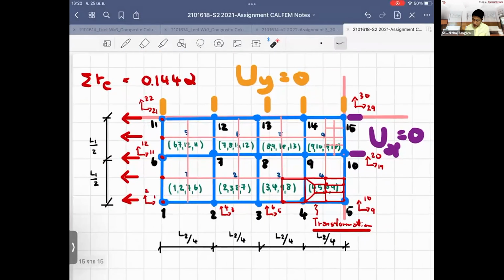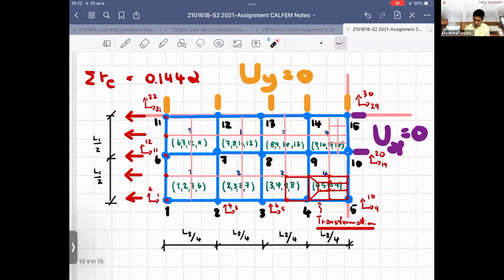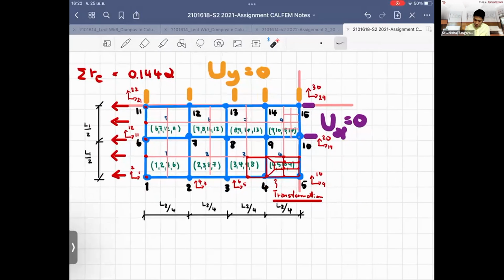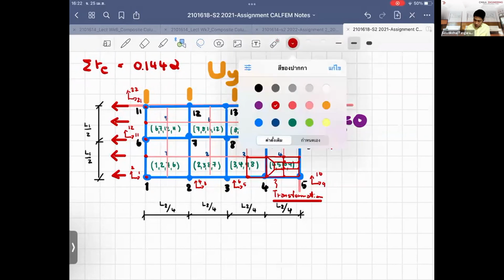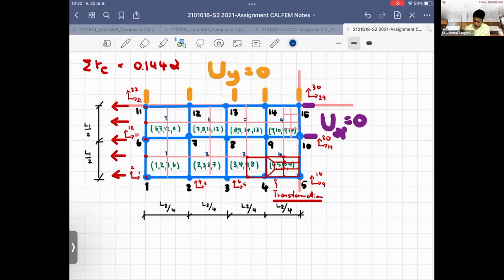In this case, because this is at the restraint point, we want to know the deformations at the centers here.